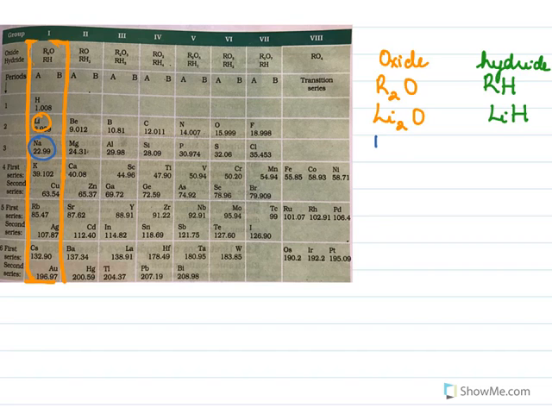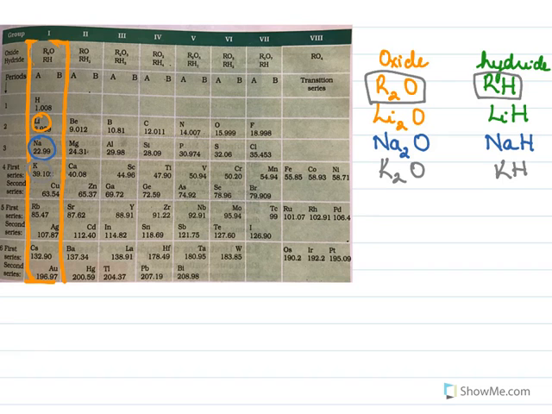Next, you take up sodium. Sodium oxide Na2O, hydride NaH. Then you take potassium. Potassium oxide is K2O, hydride is KH. And in this way, all these elements having an oxide R2O and hydride RH were put in group 1.